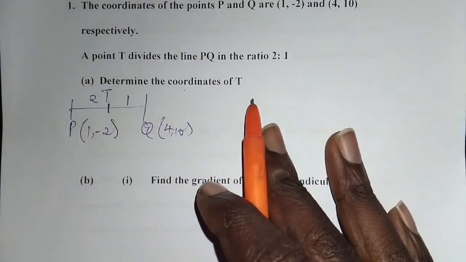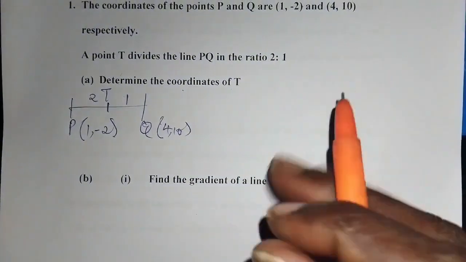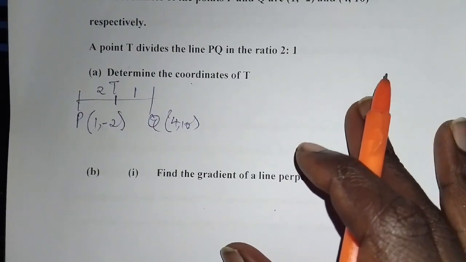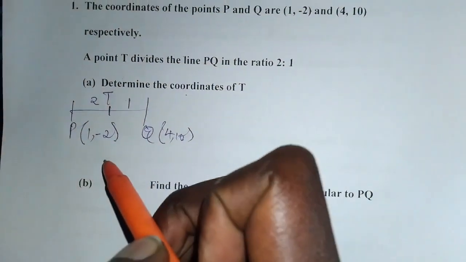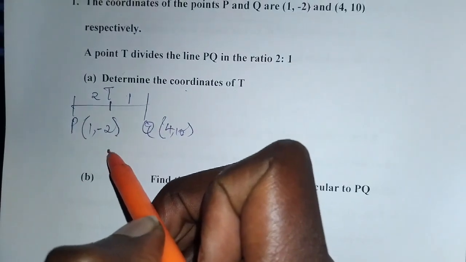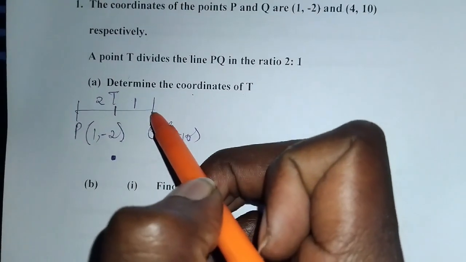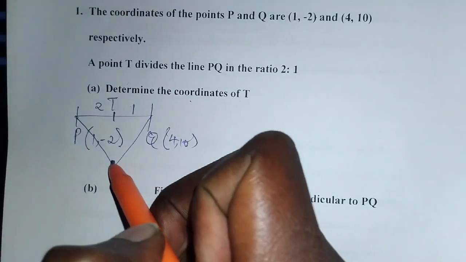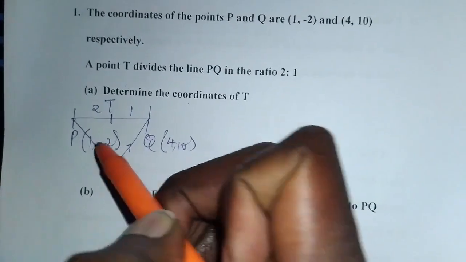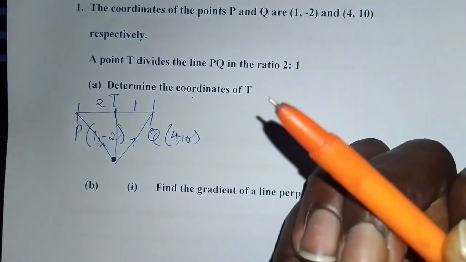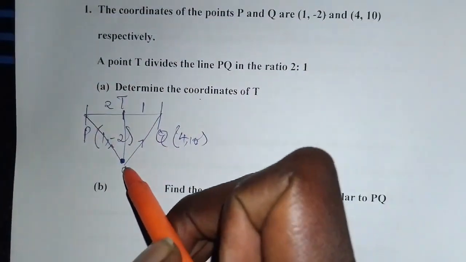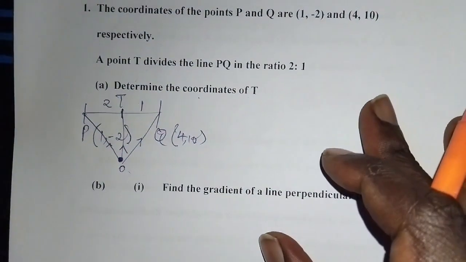The first method, we can use the ratio theorem. We can use vectors, the ratio theorem. We can have a point of origin there. So we need to find vector OT.